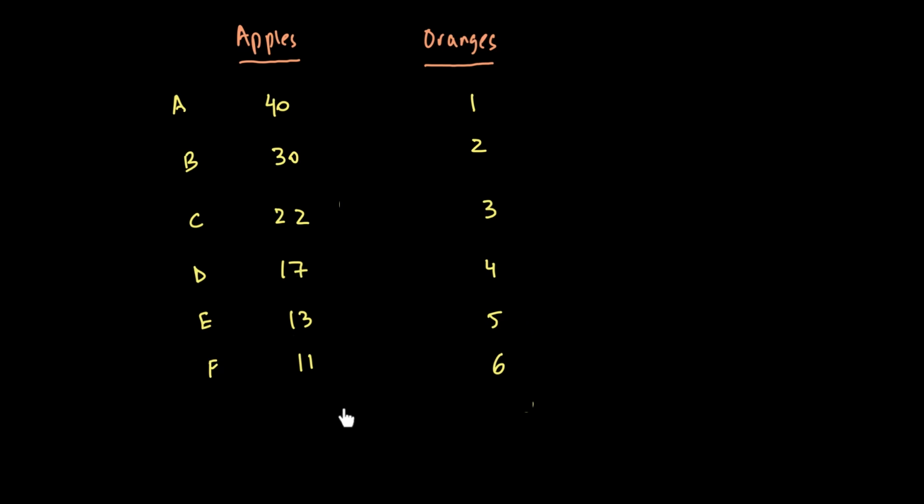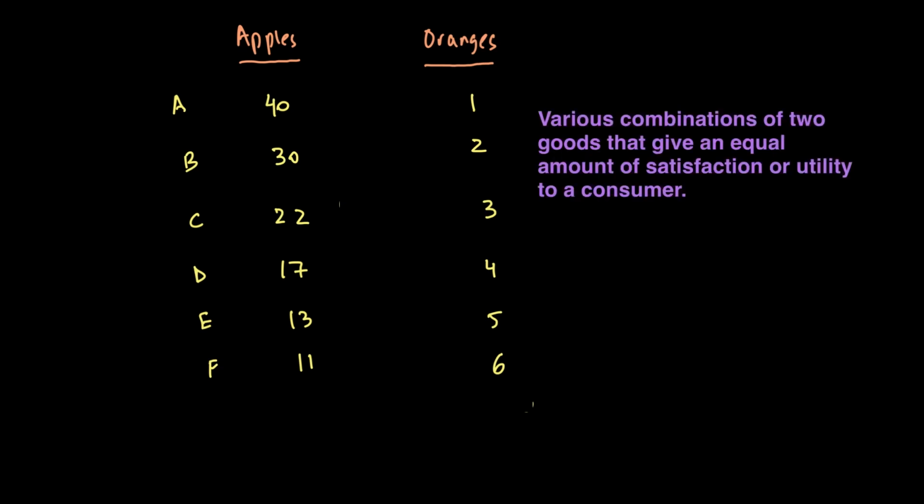So with all of these combinations, I am able to figure out this individual's indifference map, where he is indifferent between any combination because they give him the same satisfaction. From this table, we can now draw the indifference curve for this individual, which simply shows all the various combinations of two goods that give an equal amount of satisfaction to this consumer.